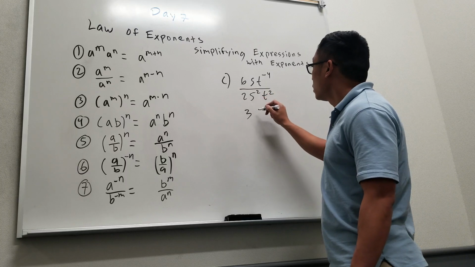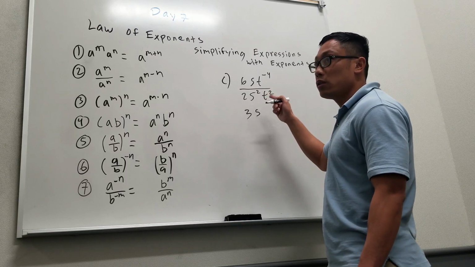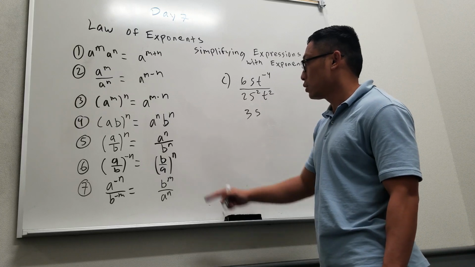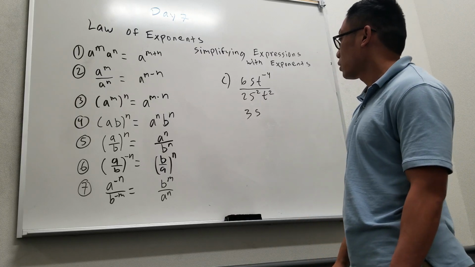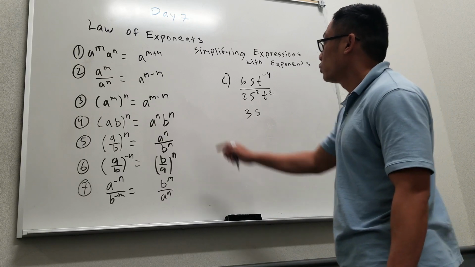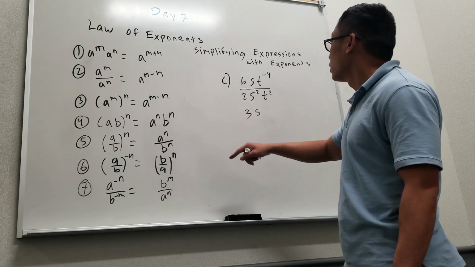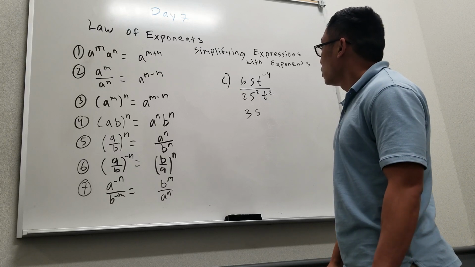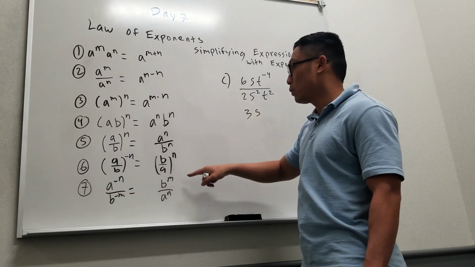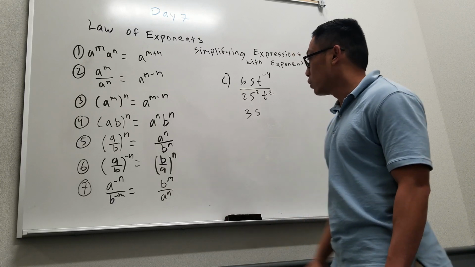So what about here? What rule can I use here? I can use rule number 6. Is it 6? Let me think. Nope, not 6. What is it? I can use rule number 2, right? That's what I'm gonna do. Yes, I am gonna use rule number 2, but I'm gonna use rule number 7 as well.